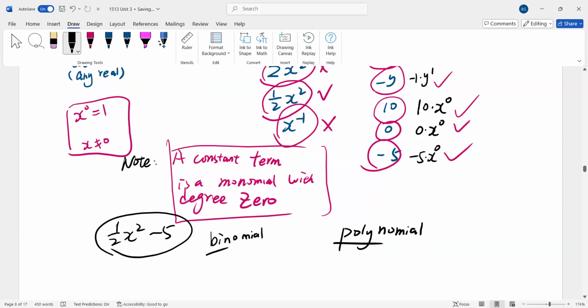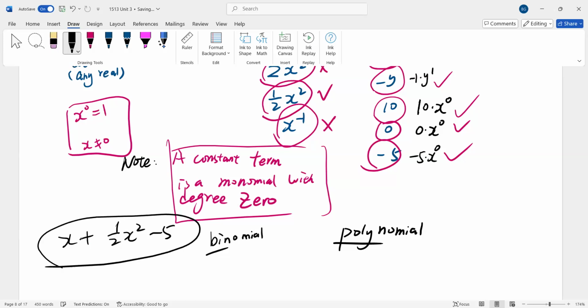So if I take one more, x, I put it here, x. Now this expression has three monomials added together, and that gives us a trinomial.